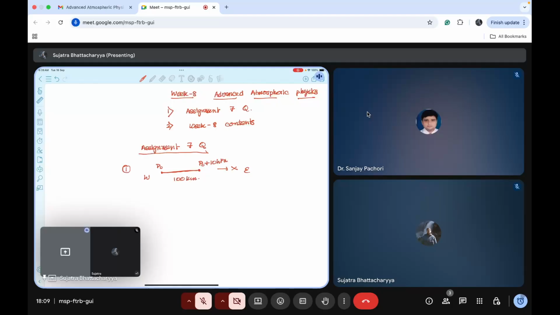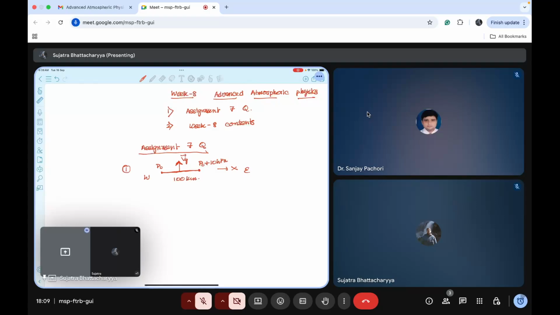That is what is given in the question. Then where should the geostrophic wind go? It should go like this. It will be parallel to the pressure surfaces. Okay. So this is the geostrophic wind.